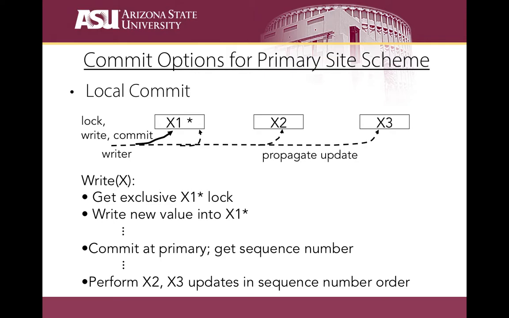But part of the commit logic is, once you say commit, you have to store in the logs that this has committed. And this committed means that I need to propagate. I'm not in a hurry, but I'm going to propagate this value to X2 and X3.